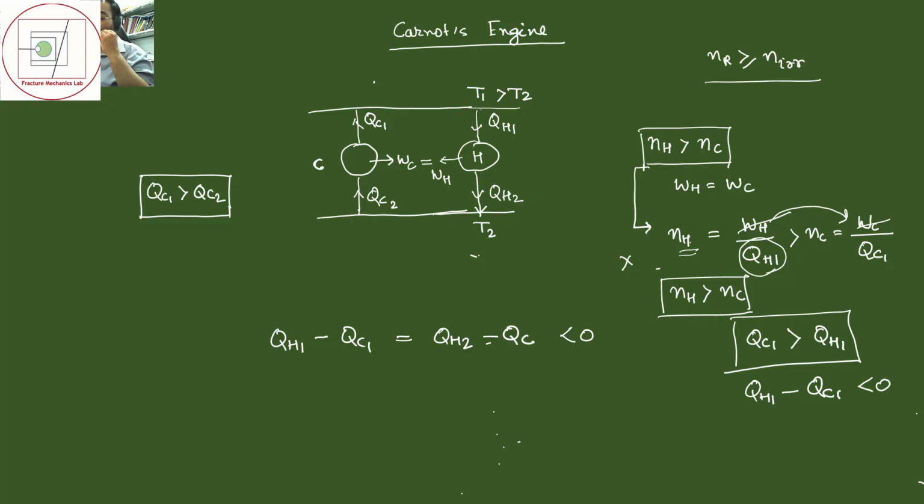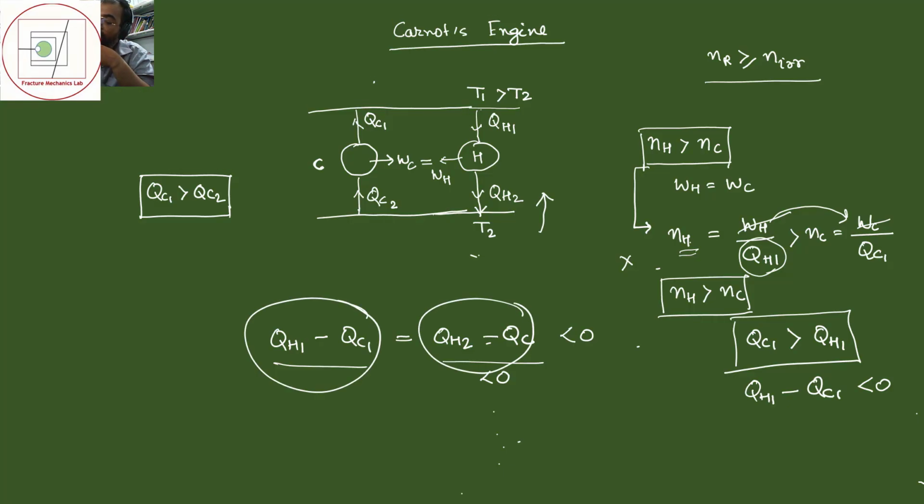And because this is equal to that, that means this is also less than 0. So that means QH2 minus QC2 is the amount of heat given to reservoir 2. That means, and which is less than 0, that means you are taking heat away from reservoir 2. So what is happening is now that you are taking heat, there is a net heat, which is this, which is equal to that.